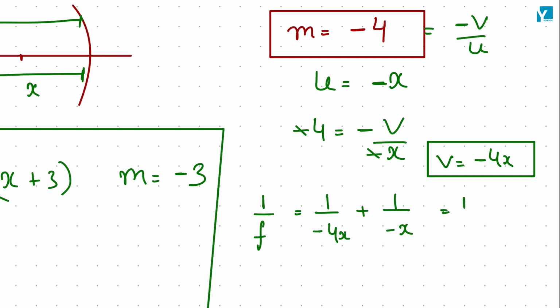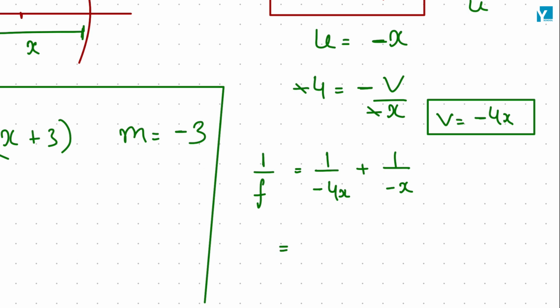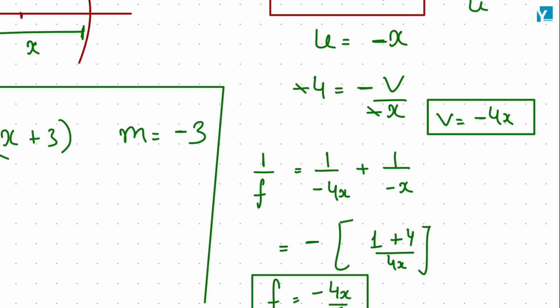So this solves out to be equal to, I'll just take the negative sign out, so minus, here we have 1 plus 4 upon 4x. So the focal length is coming out to be minus 4x upon 5. So this is going to be the first equation.